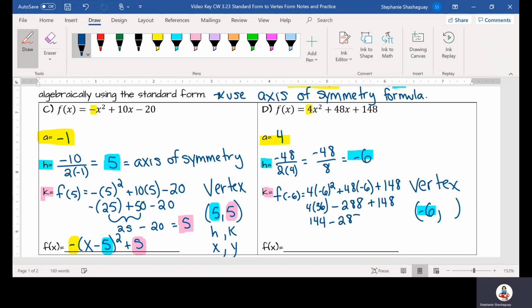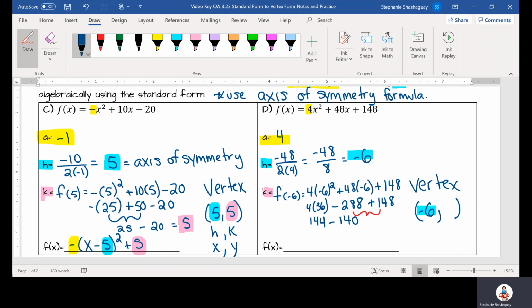Minus 288. Actually, what I can do here is combine that negative 288 and positive 148, and I'm going to get a negative 140.